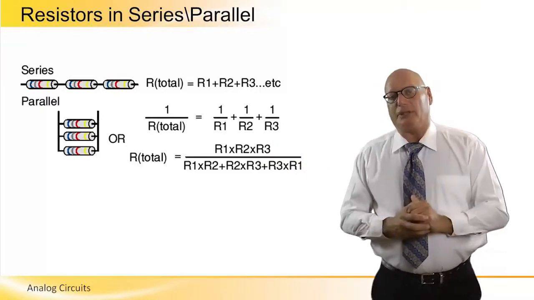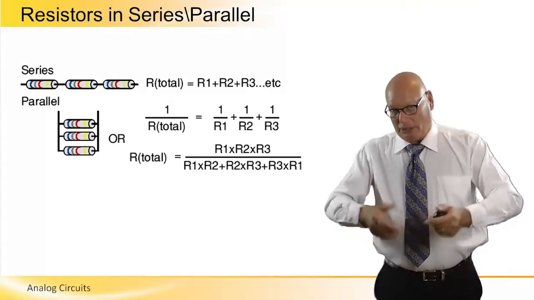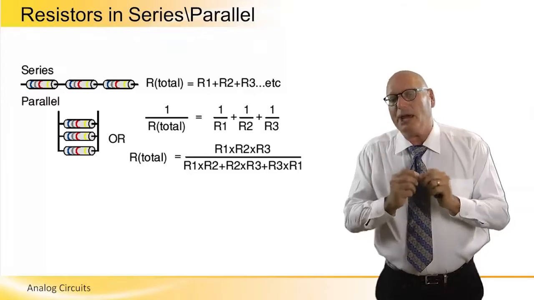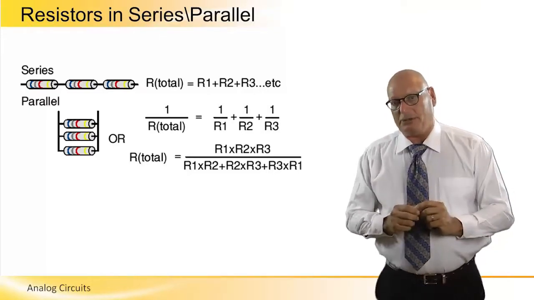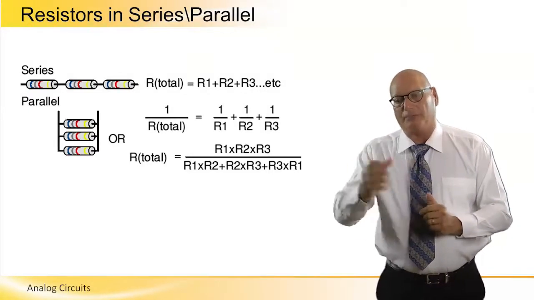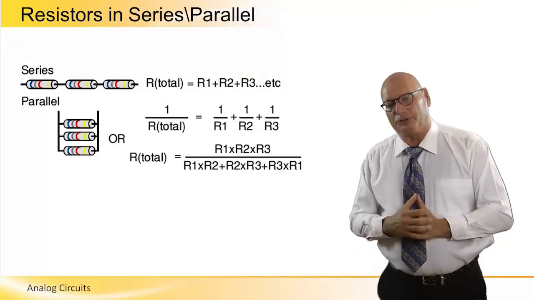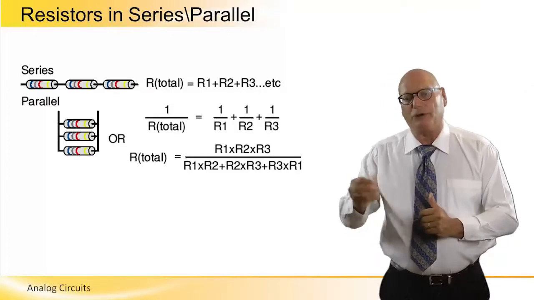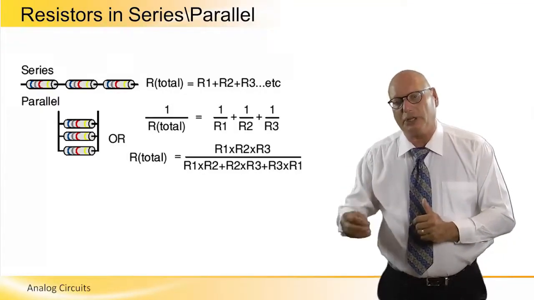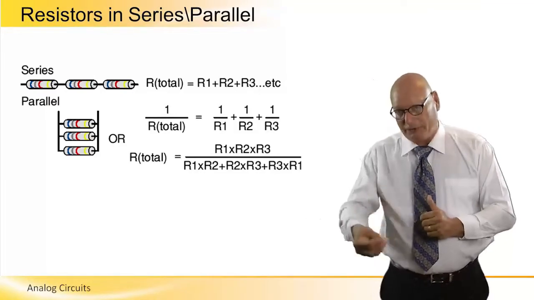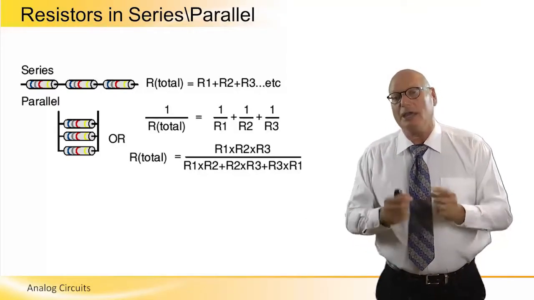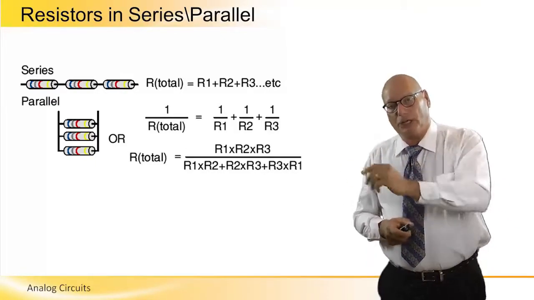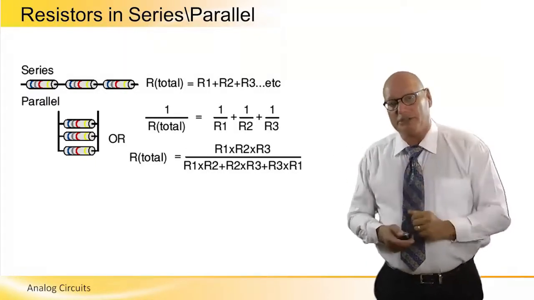In parallel connection of more than two resistors, we can use the formula on the top: 1 over R total equals 1 over R1 plus 1 over R2 plus 1 over R3, etc. And we have another formula that we can use in case the resistors are not equal, R1 times R2 times R3 divided by, and we can see.